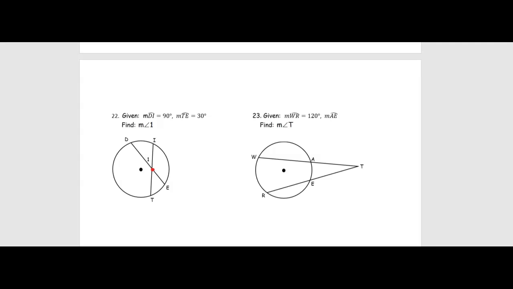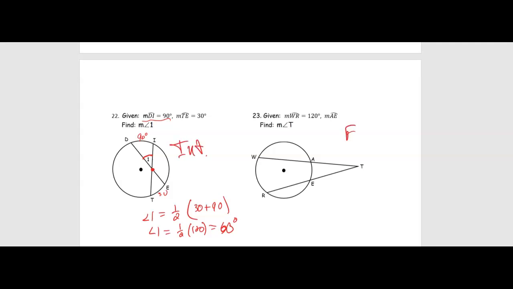And what we talked about when we do that is if I want to know what these degree measures are, if I know DI is 90 degrees and I know measure of arc DE is 30 degrees, angle 1 is 1/2 of those added together. So if we did 30 plus 90, angle 1 has to be half of 120, so that would have to be a 60-degree angle. That's for interior angles.